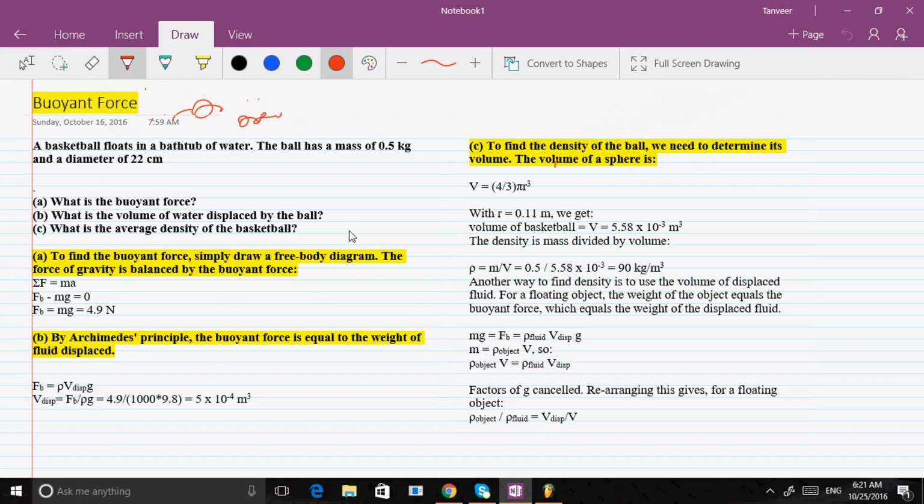The ball that floats in the water has a mass of 0.5 kilogram and a diameter of 22 centimeter. Now we have here data, and that data is 22 centigrade.